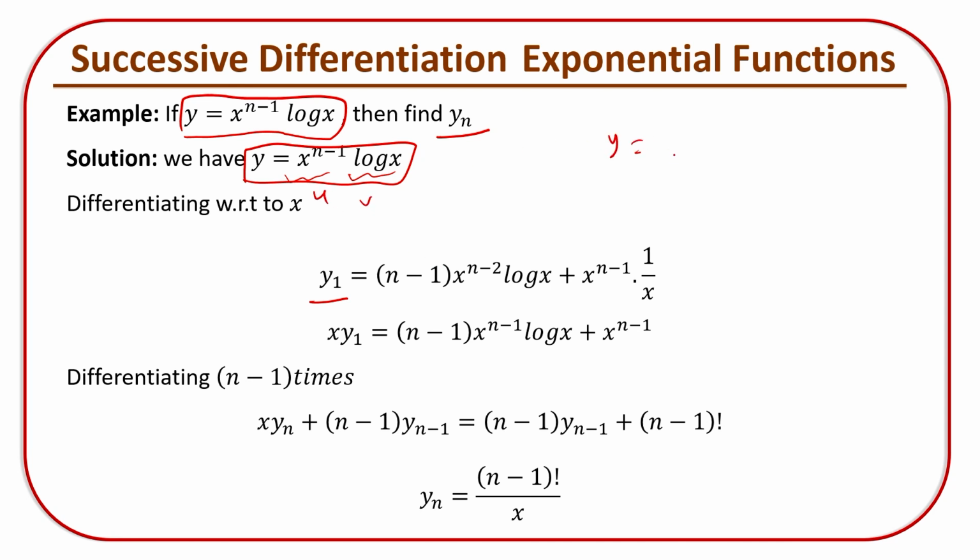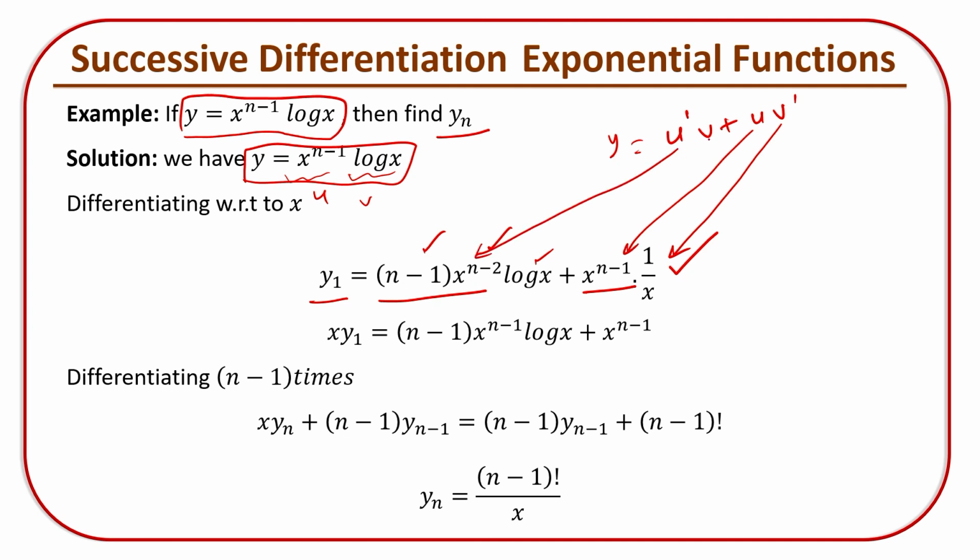So y1 equals u dash into v plus u into v dash. So u dash is equal to n minus 1 into x power n minus 2 into log x, plus u, which is x power n minus 1, into v dash, which equals 1 by x.